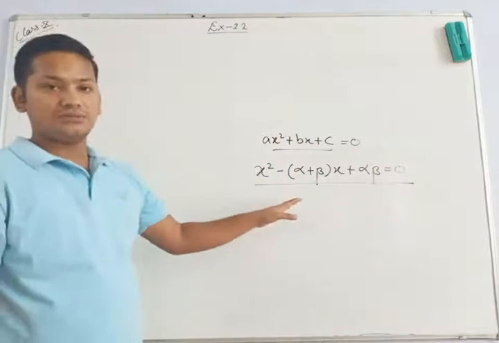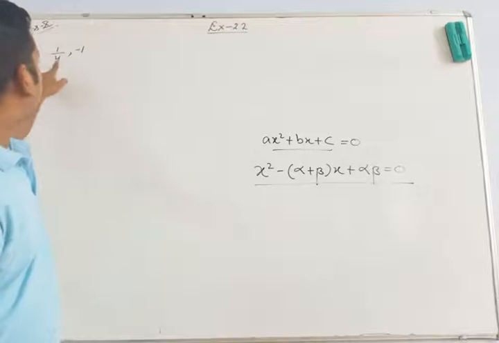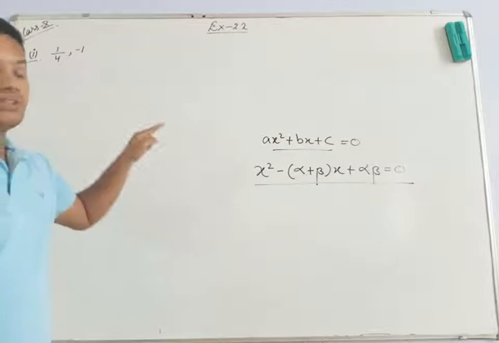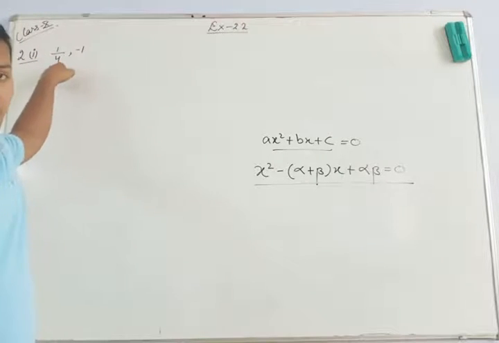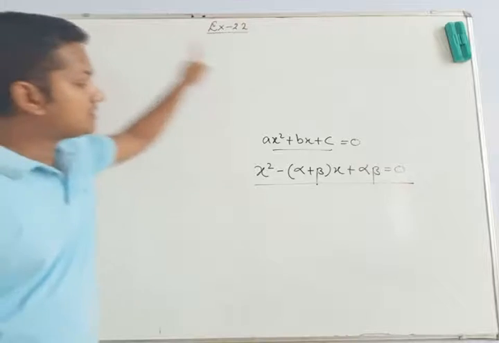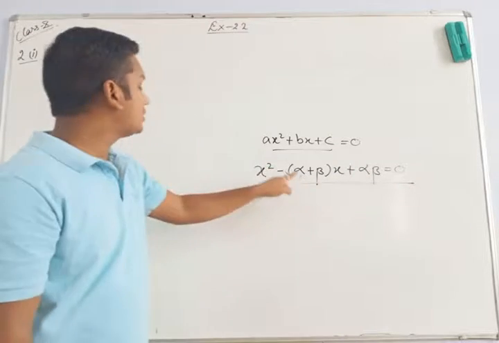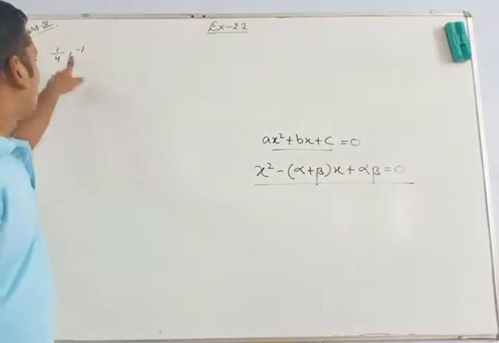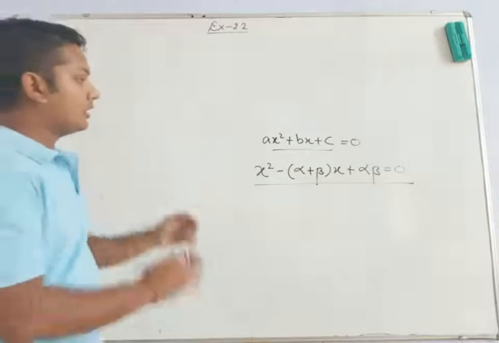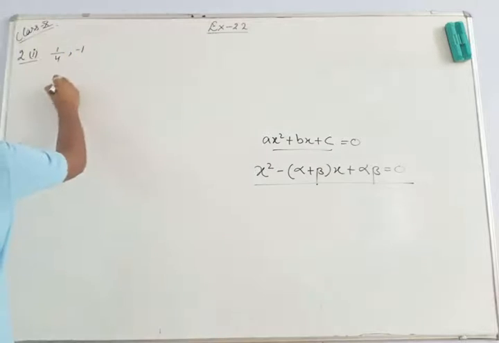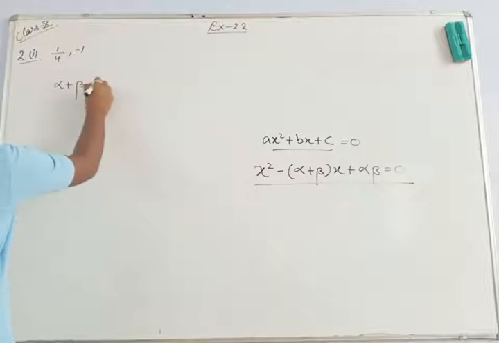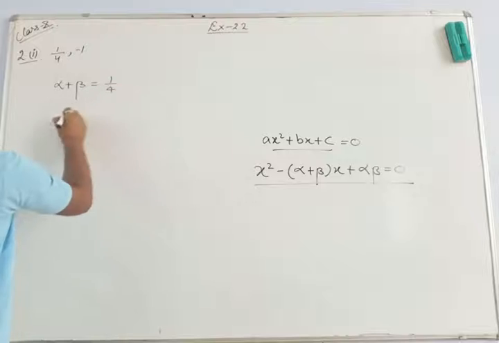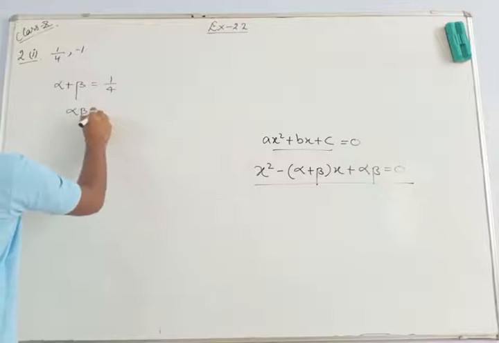So this we have seen. Here alpha plus beta is what? 1 upon 4, because it is given; the first term is the sum of zeros and the second term is the multiplication of zeros. So the sum of zeros is 1 upon 4 and the multiplication of zeros is minus 1. Okay, so here alpha plus beta is given 1 upon 4 and alpha into beta is given minus 1.